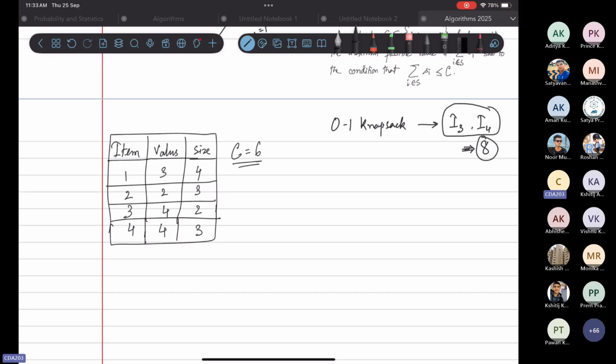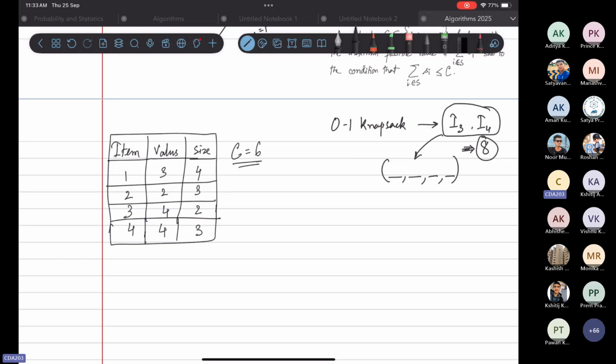So for example, what is the solution of this? In 0, 1 knapsack, I3, I4, that's the solution. How can I write the same solution in terms of the fractional knapsack problem? There should be 4 values, x1, x2, x3, and x4.